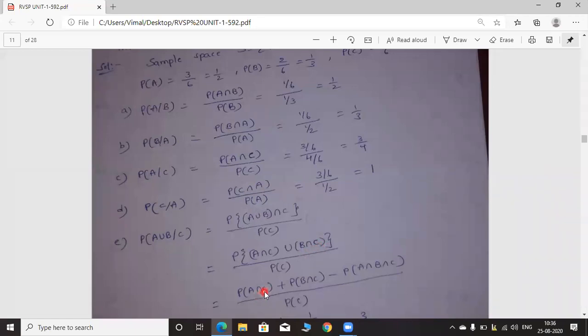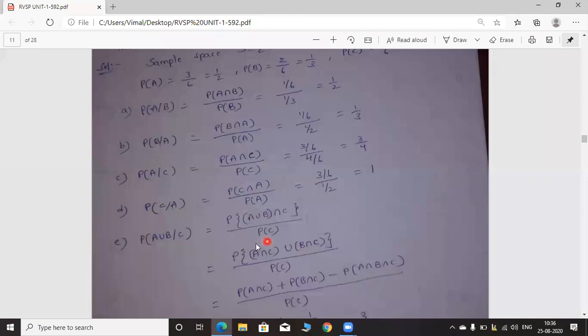According to addition theorem on probability, you have to write probability of X plus probability of Y minus probability of X intersection Y. Okay. So what is meant by X here? A intersection C. What is meant by Y here? B intersection C. What is the common portion for X and Y? A intersection B intersection C. Okay, like this you have to split.